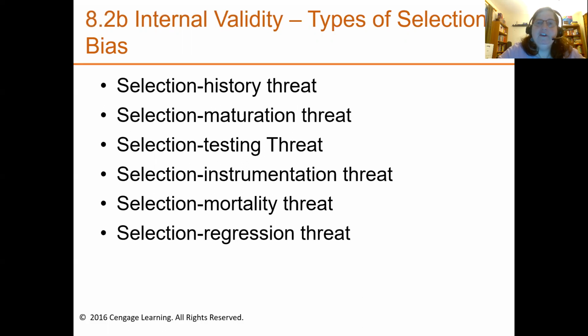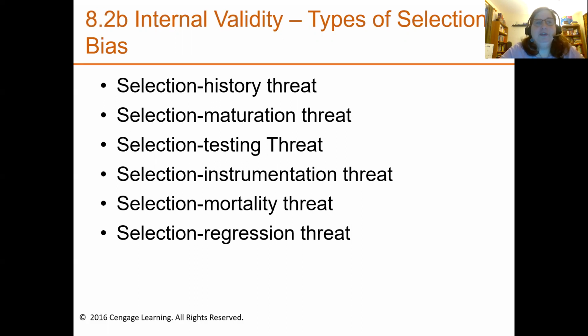And then you do your post-test, and maybe people are influenced by the cognitive behavioral therapy, or maybe they're influenced by hearing this famous person say that it was effective for them. Now, if that happens with the cognitive behavioral therapy group, but not with your psychodynamic group, that's a selection history threat.